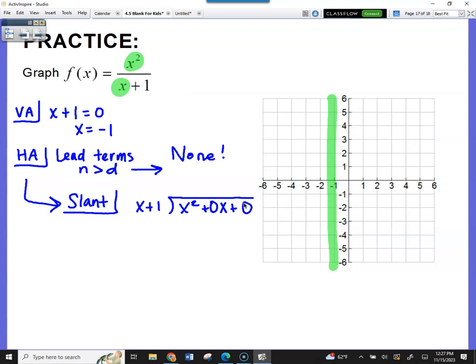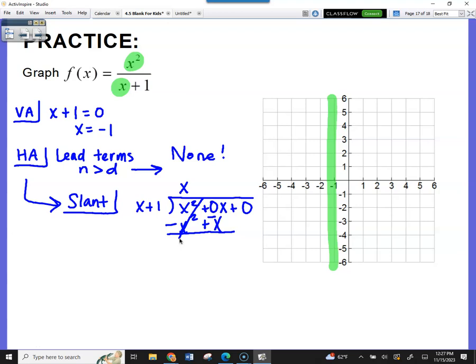Ask yourself, x times what would be x squared? Then multiply that through. You get x squared plus x. Draw the line. Change the sign. 0 minus 1. When it is weird like that, you're fine.